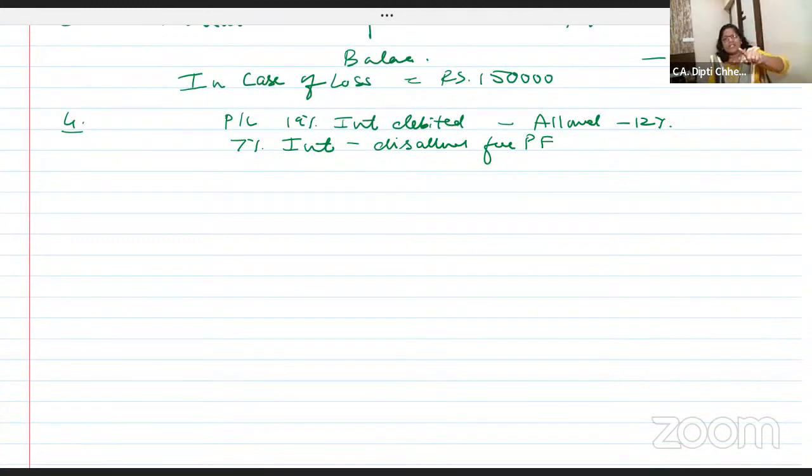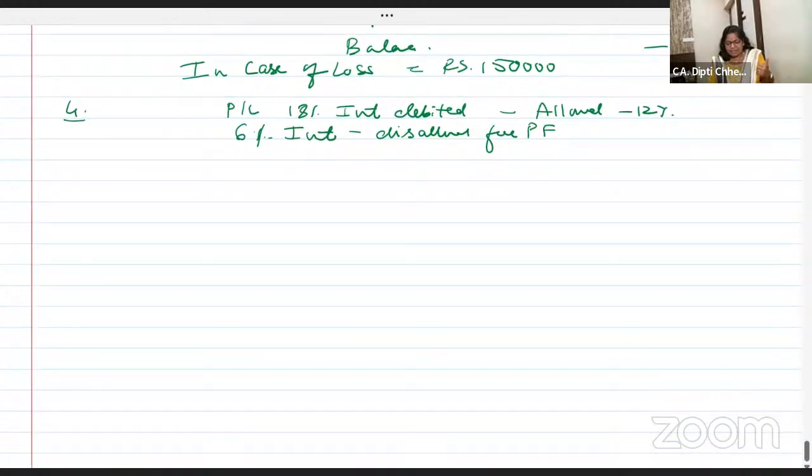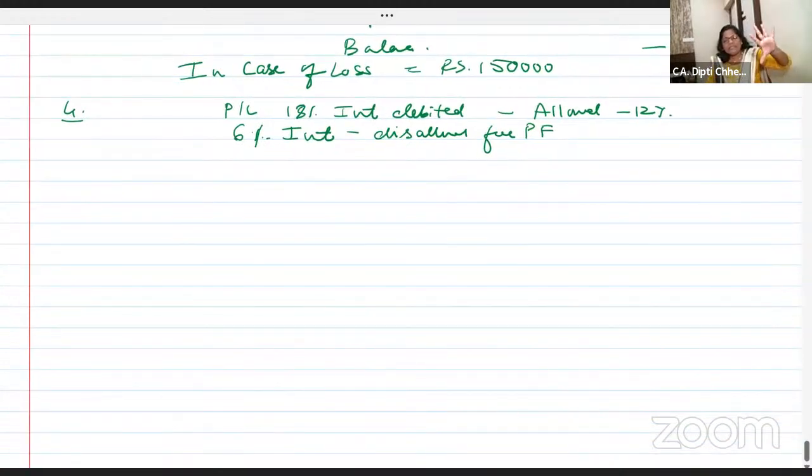But how much interest is allowed? 12%. 19 नहीं, इसको 18 कर देते हैं. आपका वो problem का example भी same होगा तो clear होगा. अभी हम next वो बाटली वाला problem कर रहे हैं ना. हाँ, all right, चलो. 18% interest is paid but allowed is 12%. So 6% is disallowed in the hands of the firm.